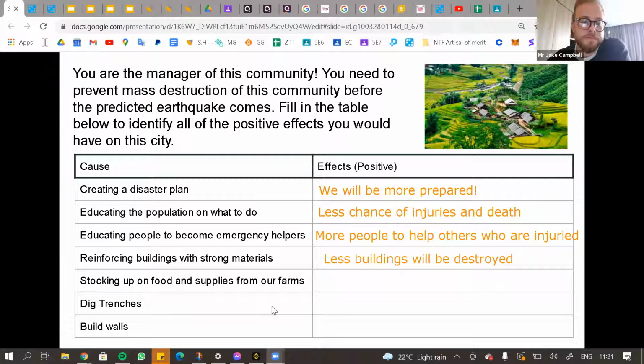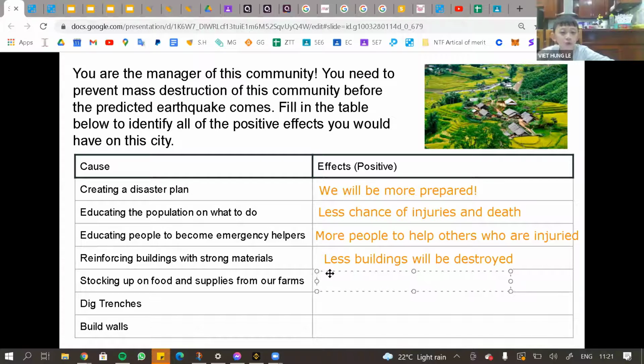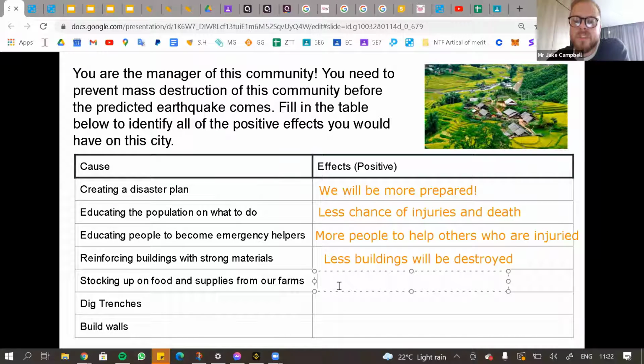Stocking up on food and supplies from our farms. So how could that positively affect us? Enough food for people. Yeah, enough food for people. So could we survive for a long time or a short time? Long time.